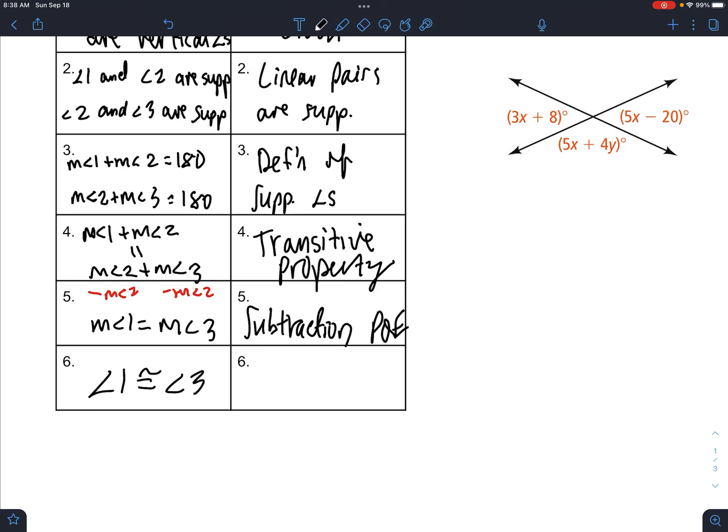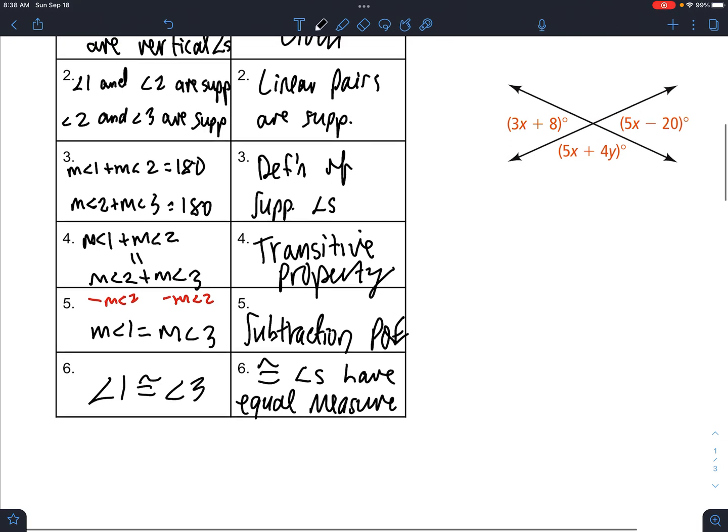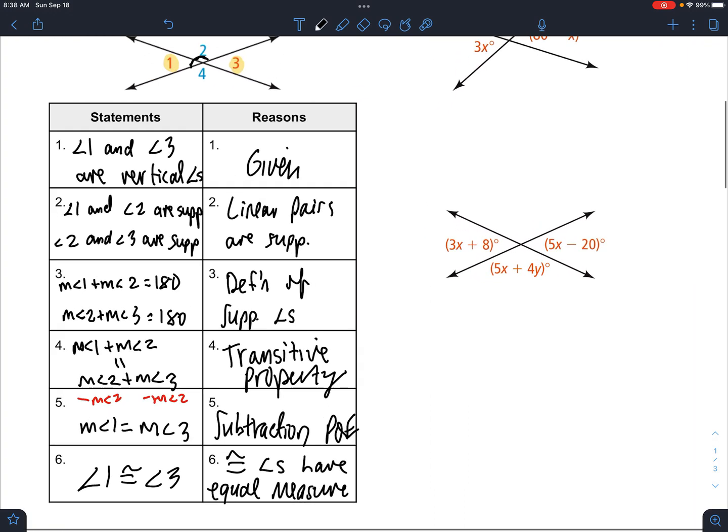Conversion between measures of an angle and the angle itself. That is, congruent angles have equal measure. That is that conversion piece between equal sign and congruence for angles. And there you have it. We proved it. We proved that these opposite angles like this are congruent. And it was basically just because of supplementary angles.